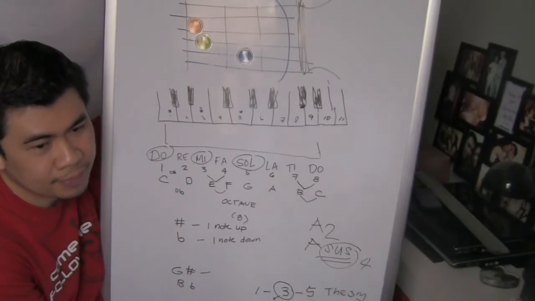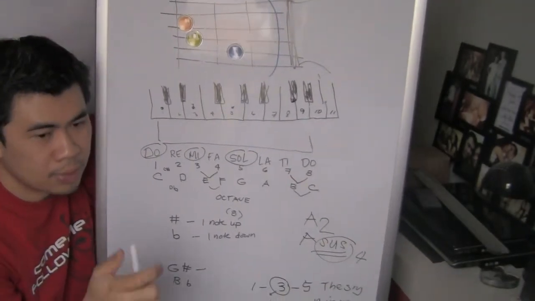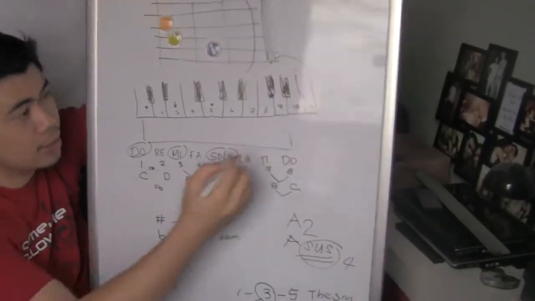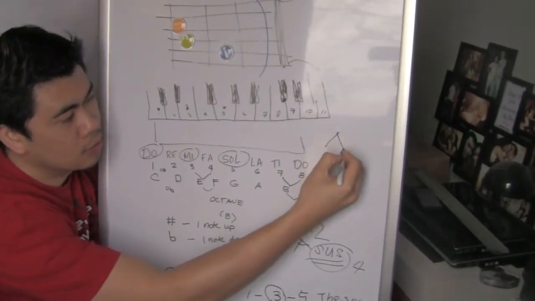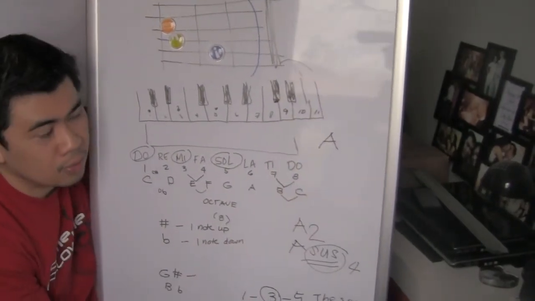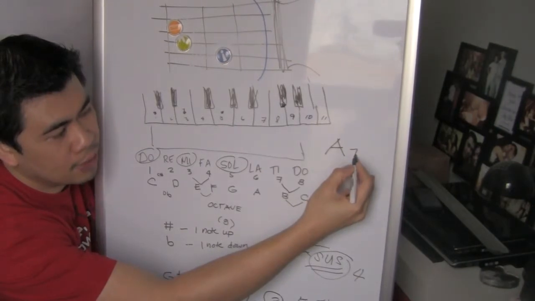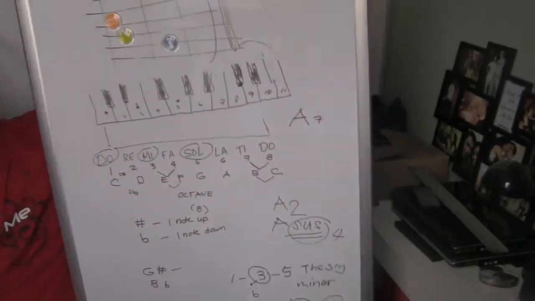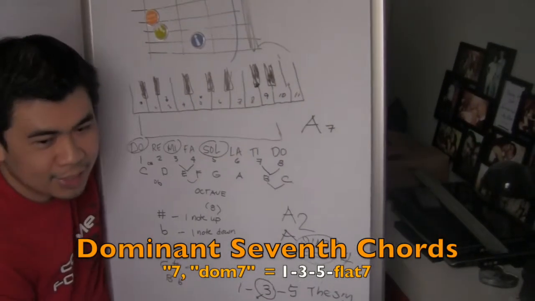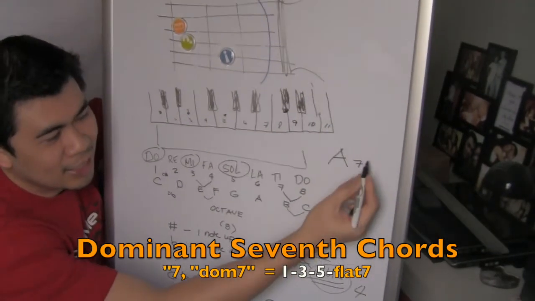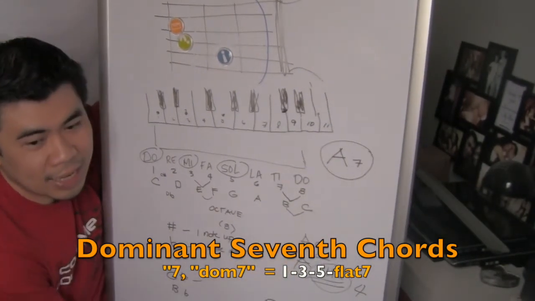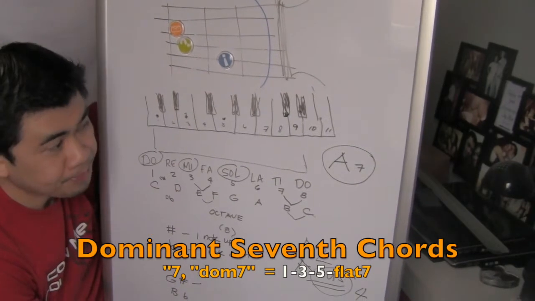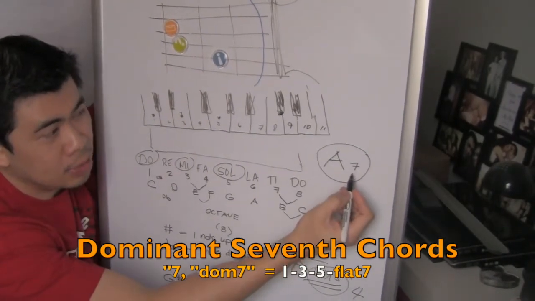You have to remember, in guitar chords, there are 2 types of 7. If you only see A7, it means a dominant 7.